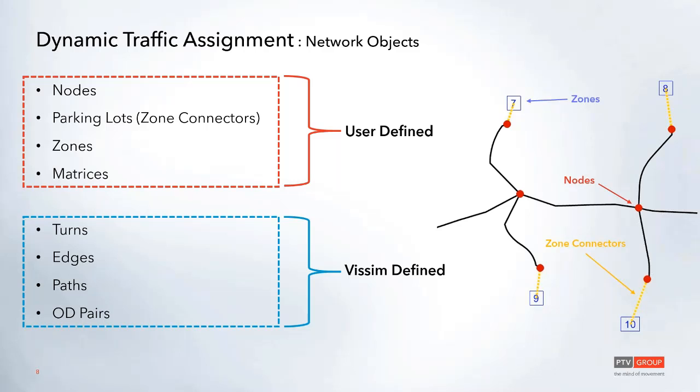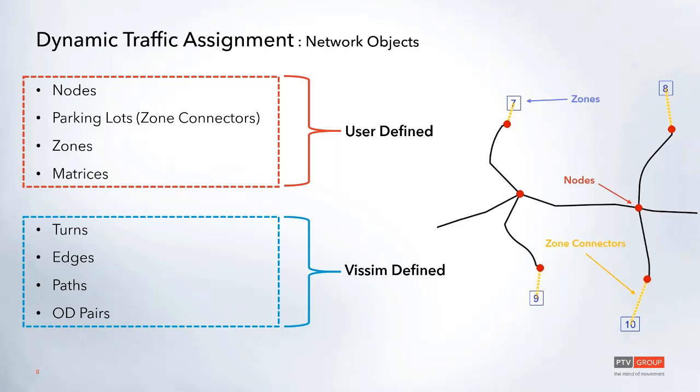So once those have all been set up on the user side, on the Vissim side, the first object it will automatically generate will be turns within the nodes themselves. So this will be like the northbound left, northbound through, northbound right, etc. And then edges will get defined as different link sequences that exist between the nodes themselves.